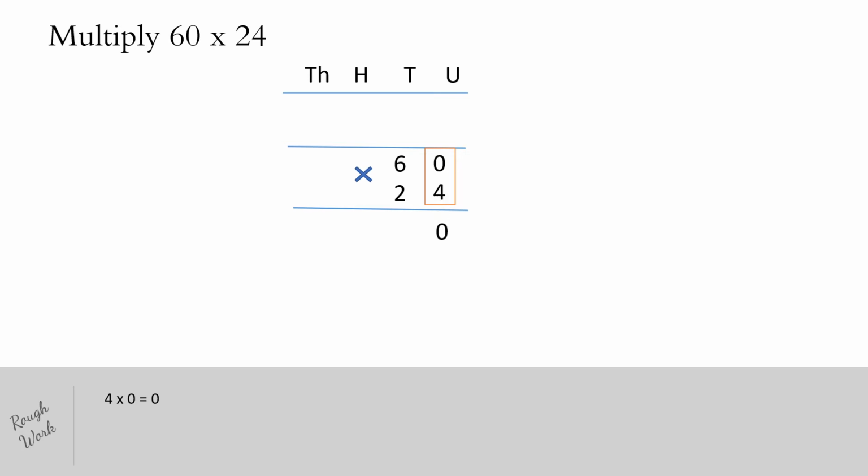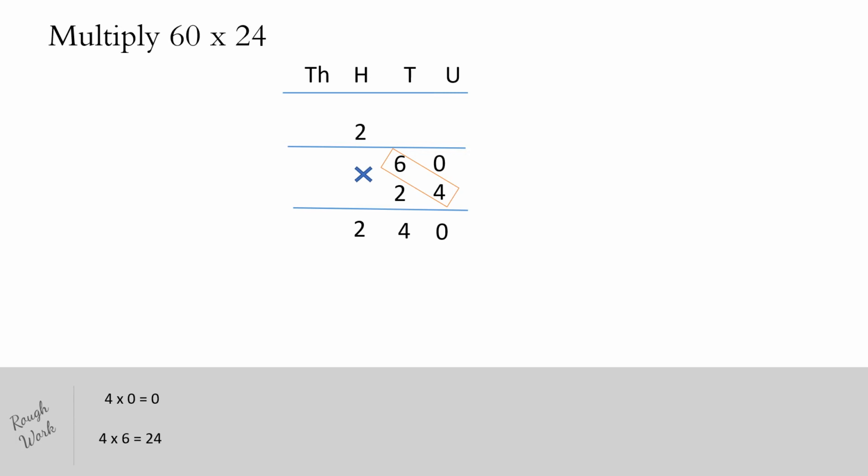So we have written 0 at the unit place. Now we will multiply 6 by 4. So 4 6s are 24. We will write 4 at the tens place and carry 2 at the hundreds place. As there is no other digit to multiply, we will write 2 as it is down at the hundreds place.